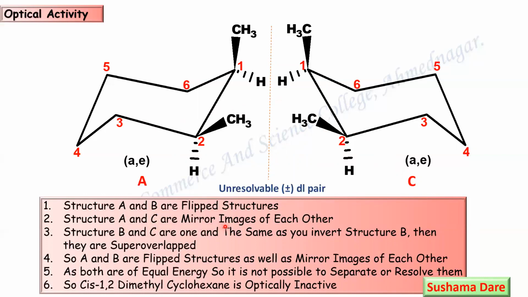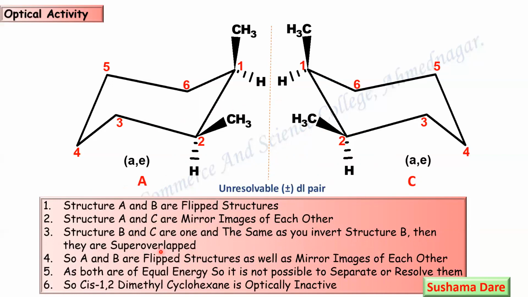Structure A and C are the mirror images of each other. Structure B is the flipping structure of A. Structure B and structure C are one and the same. As you invert structure B, they super overlap.